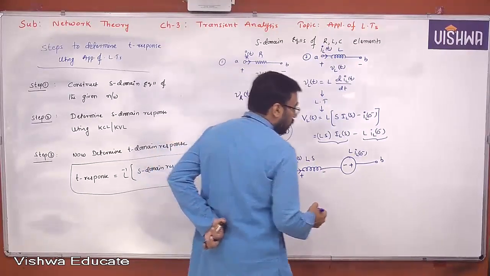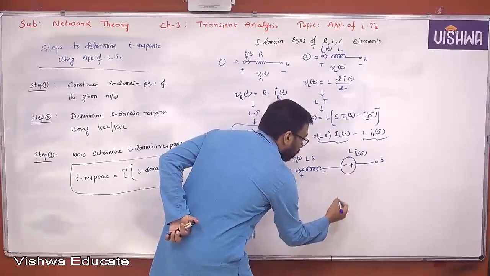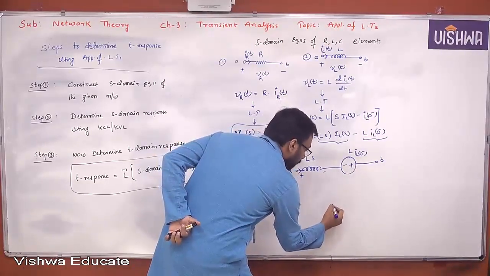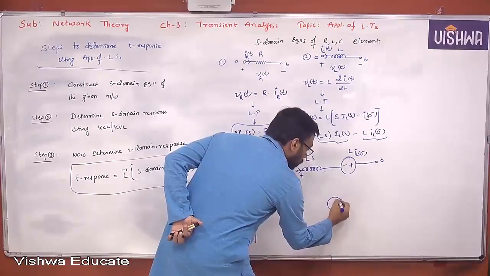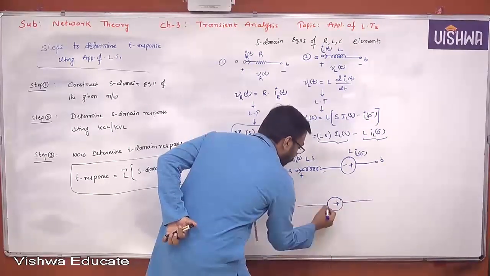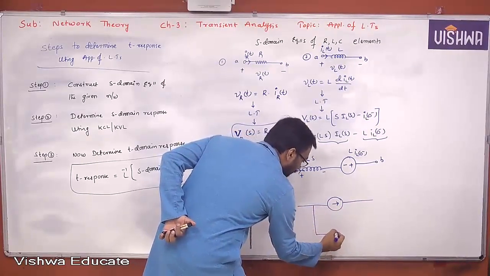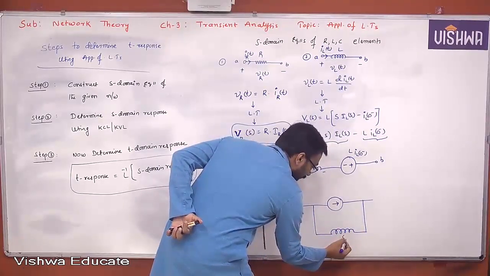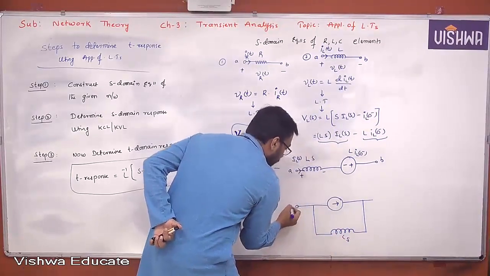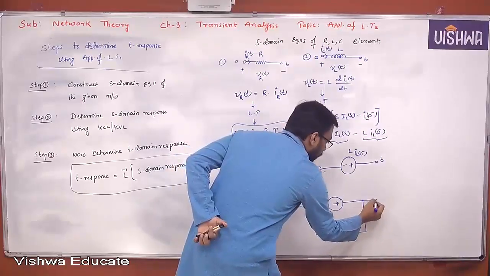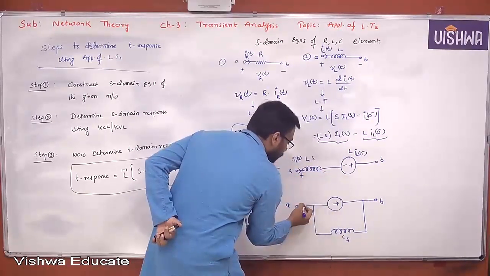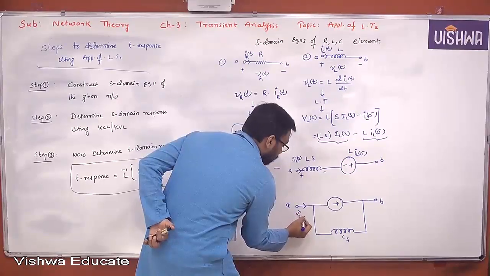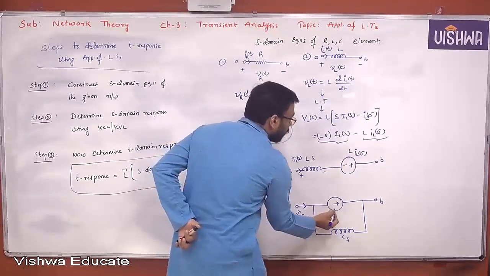Therefore, because of the plus minus polarities like this, I can replace it by a current source with a parallel inductor, this is LS, this is A, this is B. What is this current source value?